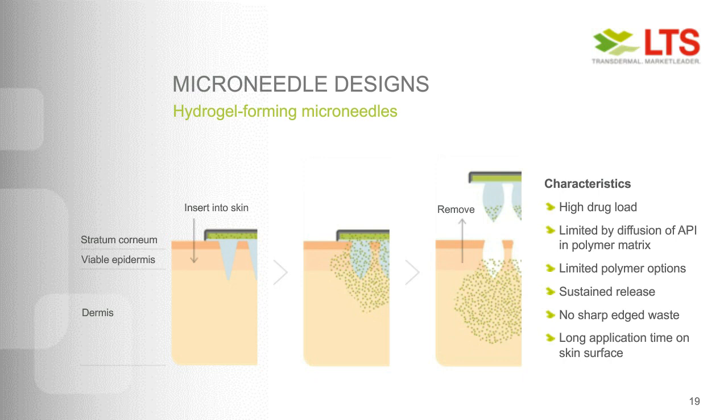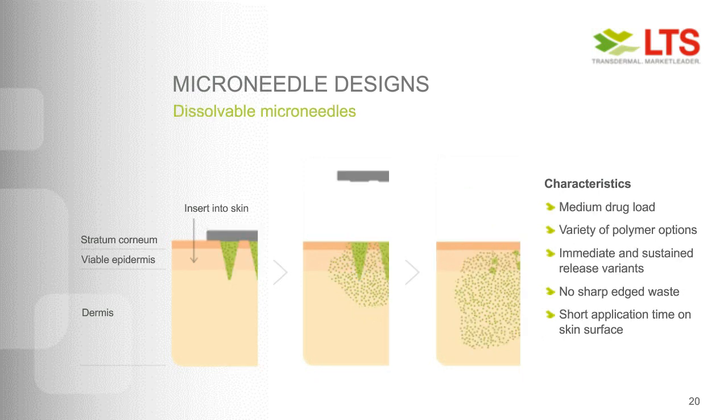The last is the dissolvable microneedles. What's happening here is that the whole needle, like the hydrogel-forming needle, is made of a polymer. But this is not a swellable polymer, it's a dissolving polymer. The back plate on top of the skin actually has no API. It's just for delivering the needle into the body. So you punch this needle, which is completely made out of polymer, excipients and API, into the body.